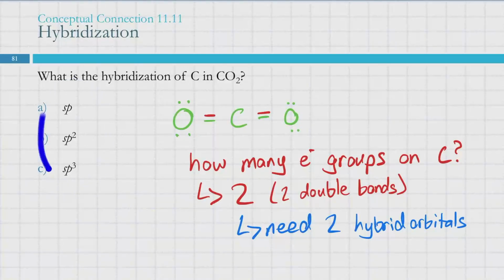Which of these 3 options has 2 orbitals in it? Total of 2 letters.